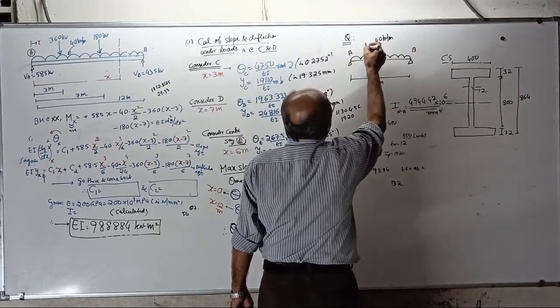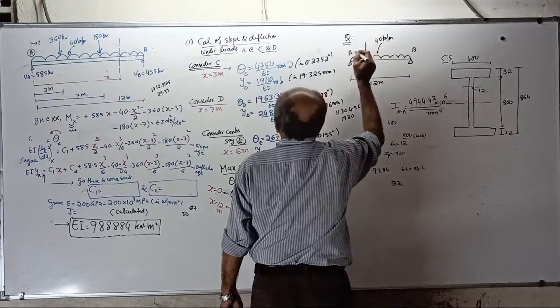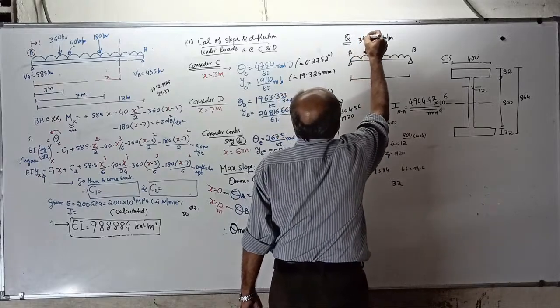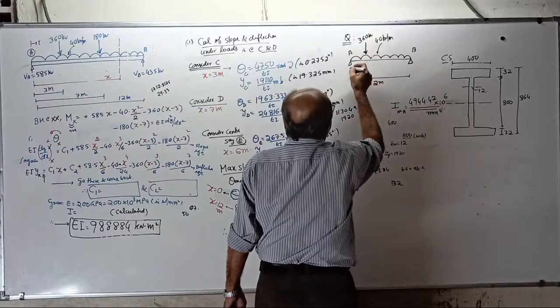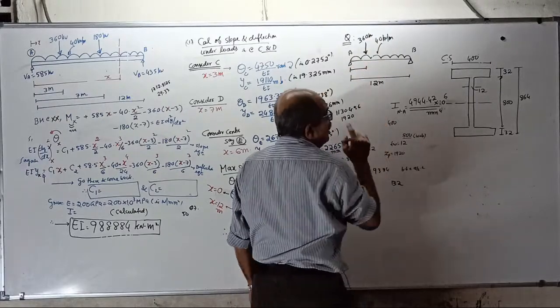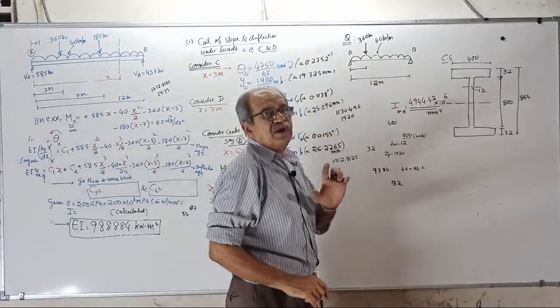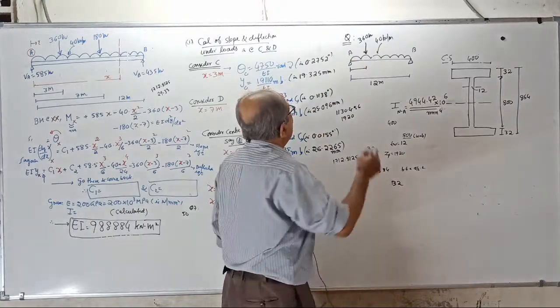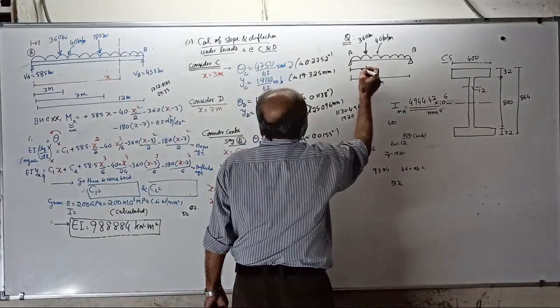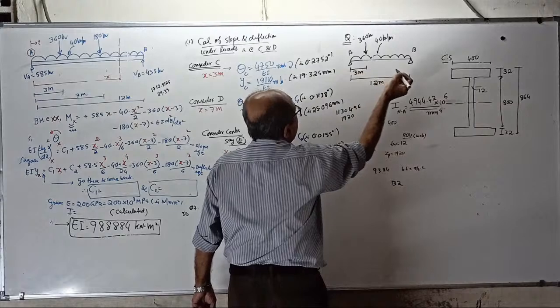One of the loads is quite near to the support. First point load, 360. I have taken 360 so that when I calculate the values of reactions and constants, the 0.333 is avoided. 360 kilonewton at 3 meter from left end.